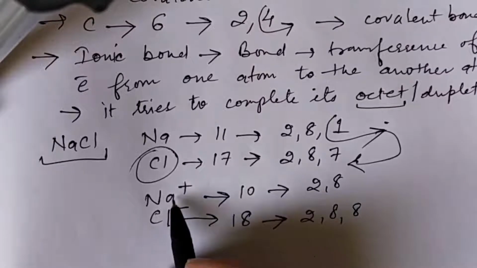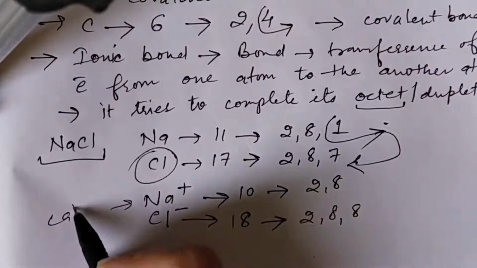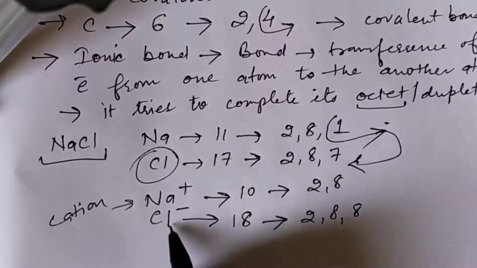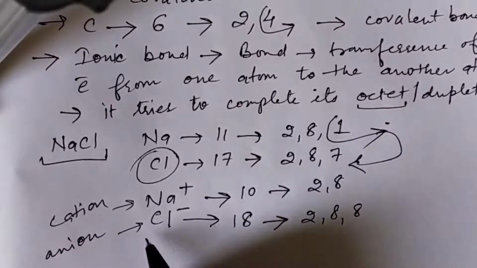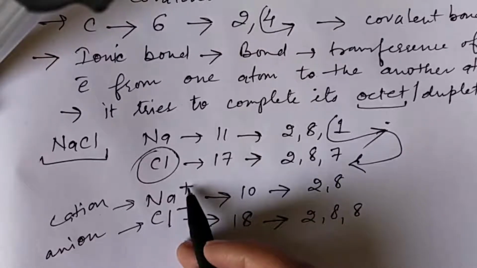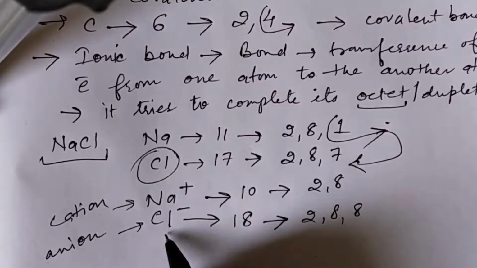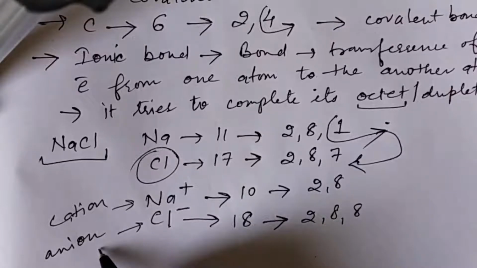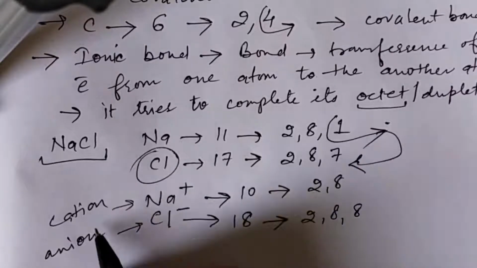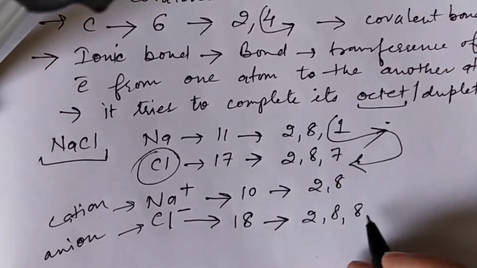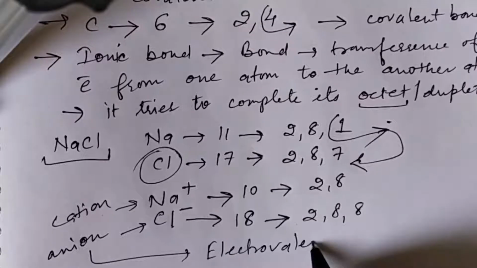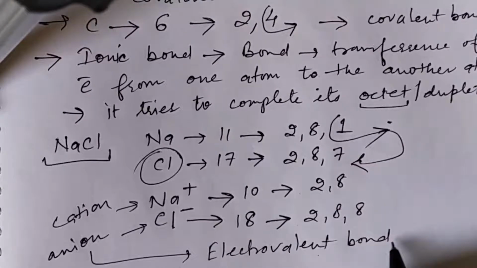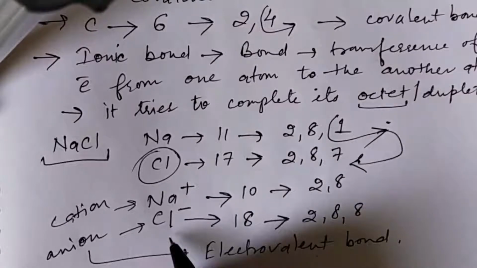Sodium is called a cation, and chlorine, being negatively charged, is called an anion. The bond formed between these positive and negative ions is called an electrovalent bond, because it is formed when positive and negative ions attract each other by electrovalent forces.